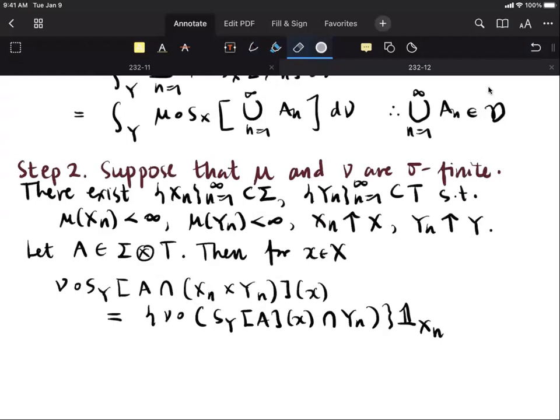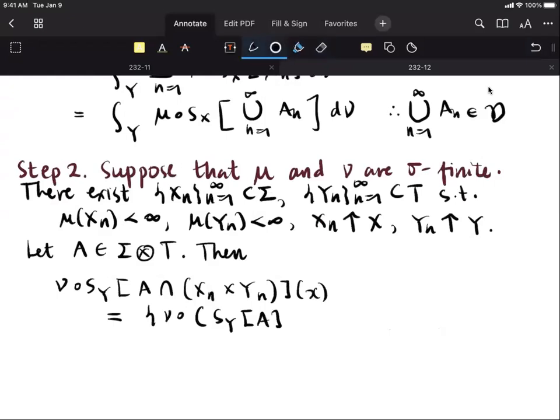Okay, so let us ignore the argument for simplicity. But it should be noted that this must be taken pointwise.